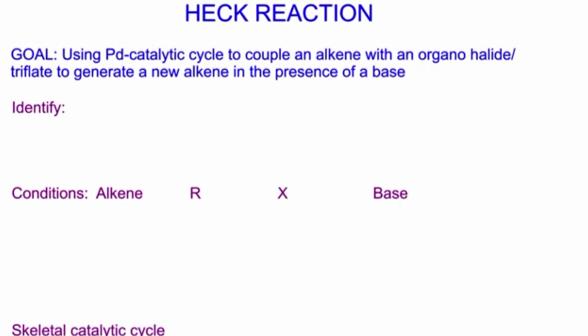For example, we have a new alkene, which is what we have, let's say, right here. What we'll have to do is make this particular alkene from an old alkene, which is what we have right here, and this will be done in the presence of a palladium catalyst. And the palladium we talked about in our previous video that is used in the majority of homogeneous reactions is palladium 2.